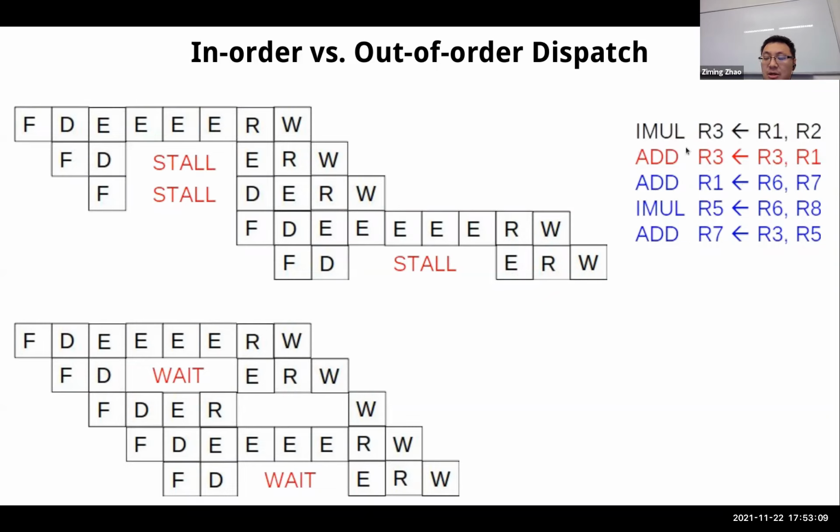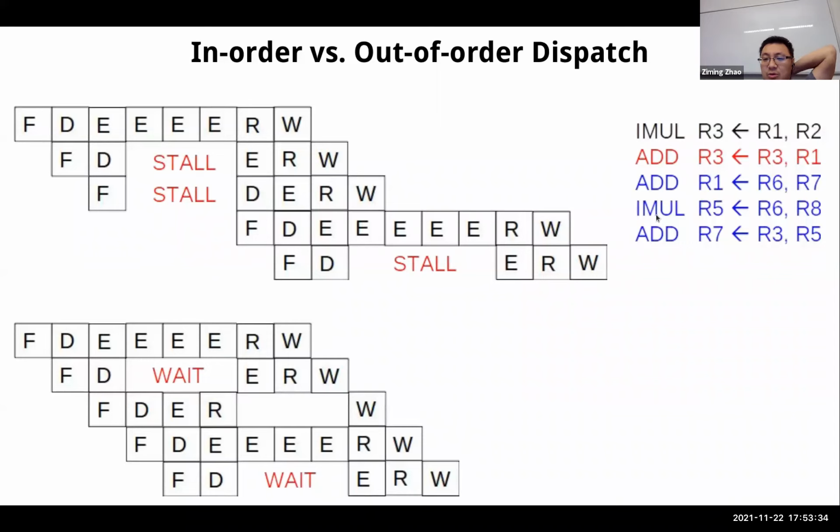You cannot execute the add instruction before the multiply instruction. That doesn't work. The third instruction is another addition instruction using R6, R7. So technically this one has nothing to do with the first 2 instructions. You can execute this one independent of the first 2.